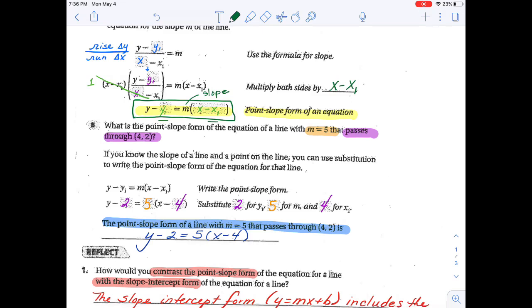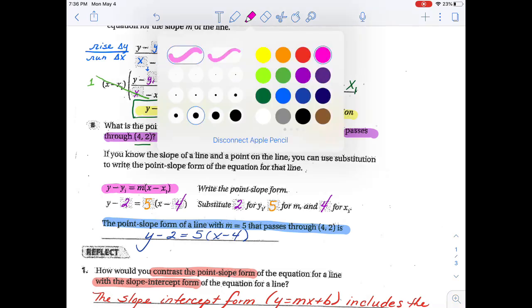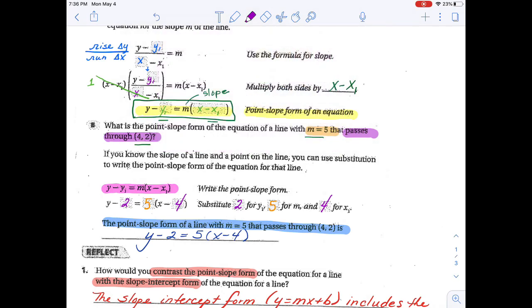So if I tell you that I have a slope of 5, and I know (4, 2) is on my line, and I ask you to write an equation of that line, you're going to use that formula that we just showed. y minus y1 equals m times x minus x1, and you will plug in exactly what you see here.